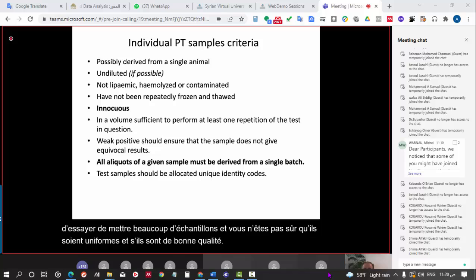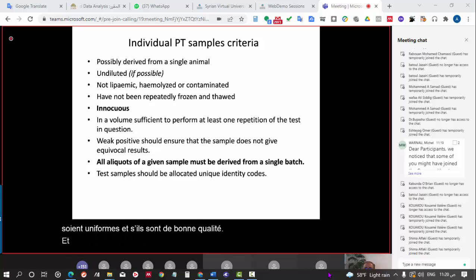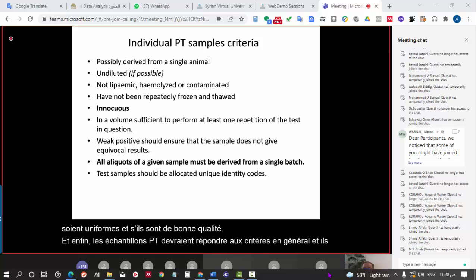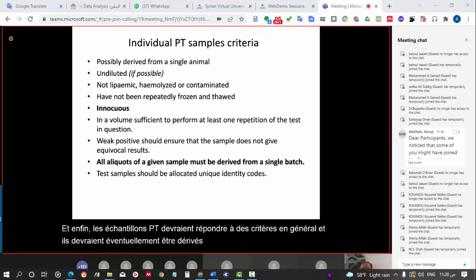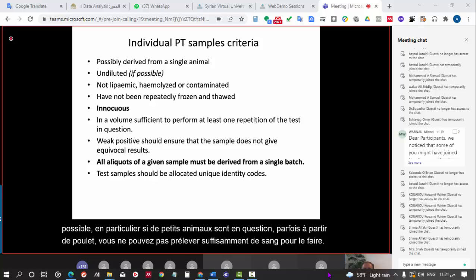And finally, the PT samples should meet criteria in general, and they should possibly be derived from a single animal. This is not always possible, particularly if small animals are in question. Sometimes from a chicken you cannot draw enough blood to make a big enough panel to send to all participants.